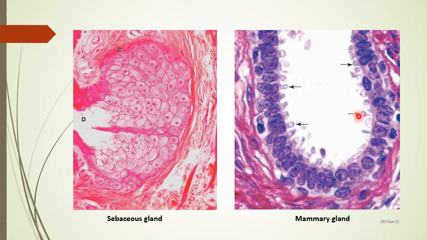These arrows indicate the secretory product together with a bit of apical cytoplasm is released. As we see, this arrow, this arrow, this arrow, and this arrow, we have the secretory product released with part of the apical cytoplasm and plasma membrane. This is apocrine secretion in mammary gland.